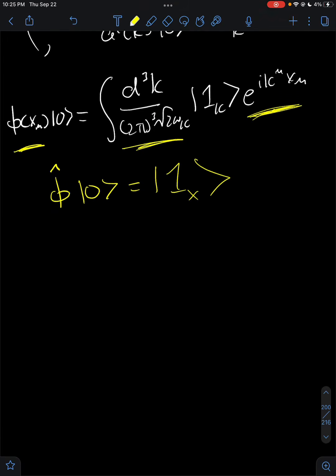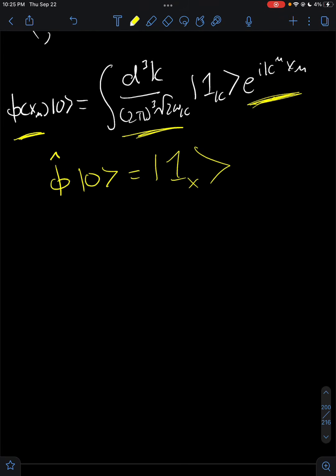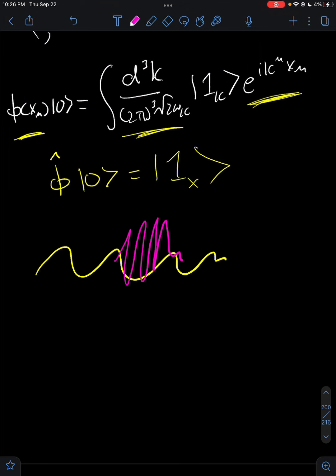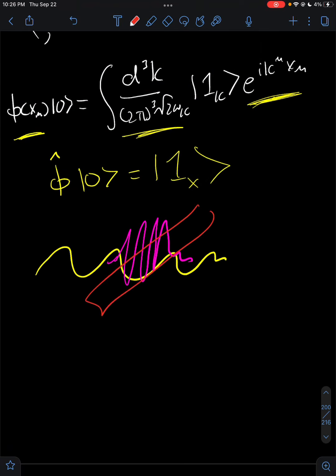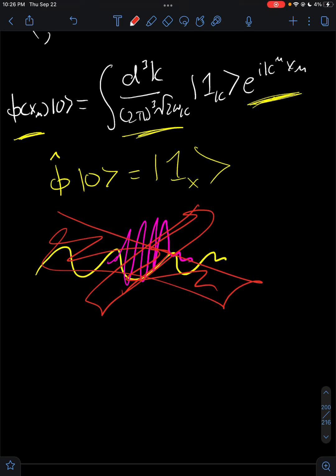You may have heard the claim that particles are excitations of the field. Say here's some field; a particle would be some excitation or ripple of the field. That is just pop sci garbage. Particles are not excitations, not ripples, not vibrations of fields.